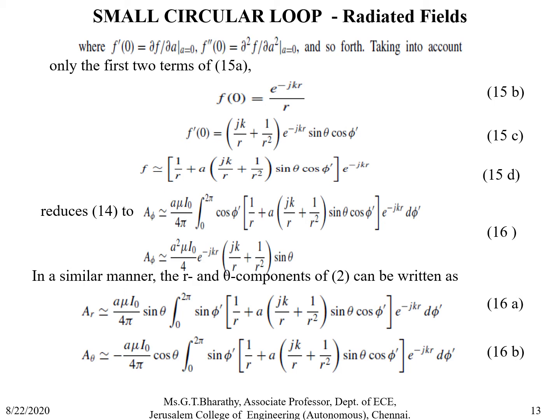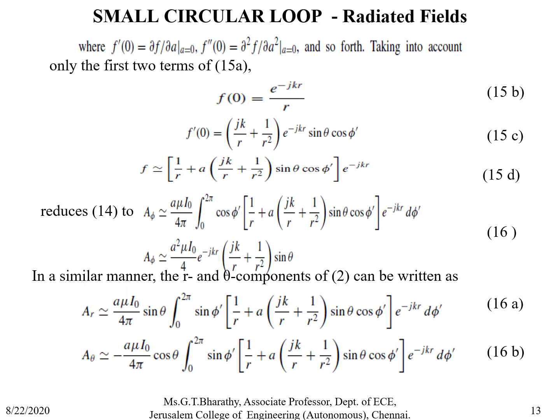Taking into account only the first two terms, we get f of 0 is equal to e power minus jkr by r and f dash of 0 is equal to (jk by r plus 1 by r square) e power minus jkr sin theta cos phi dash, and f is approximately written as 1 by r plus a into (jk by r plus 1 by r squared) sin theta cos phi dash into e power minus jkr.